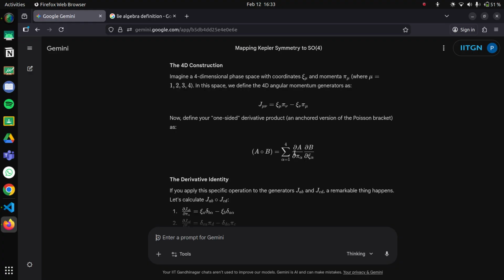The 4D angular momentum generators as J mu nu equal to, huh? Okay, so instead of Q and P, they're just using these weird symbols. That's all. So now they have the 4D angular momentum generators. Okay. So now they're thinking, oh, this is like a four-dimensional space. I don't quite get what's going on, but it's fine.